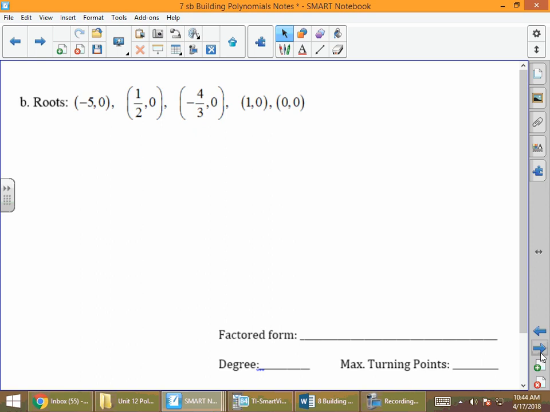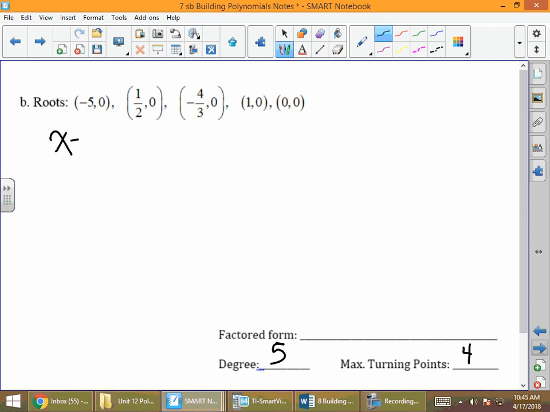And then speaking of degrees, before we even do any work, what is our degree on this particular problem? It's 5. 1 answer, 2 answers, 3 answers, 4 answers, 5 answers. So if our degree is 5, how many turning points? 4.